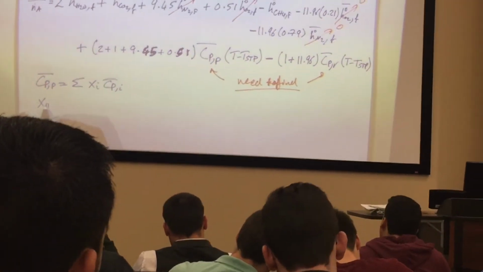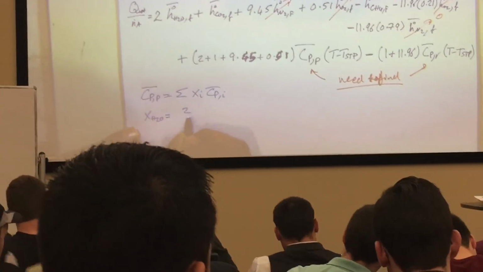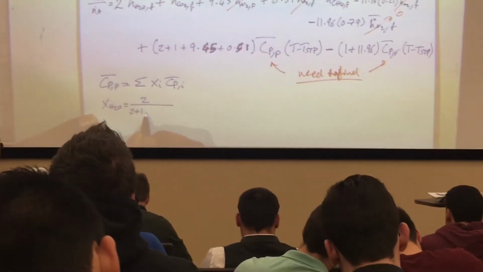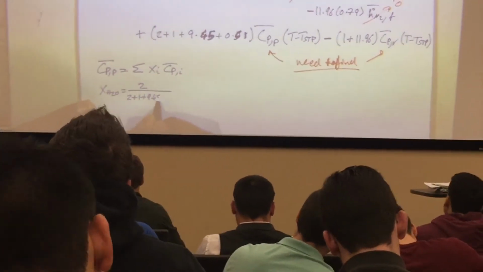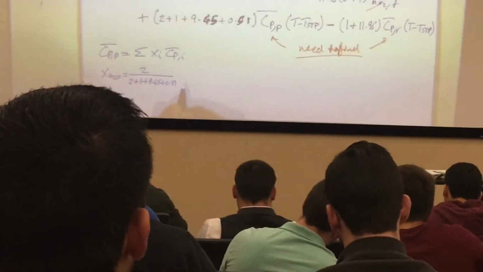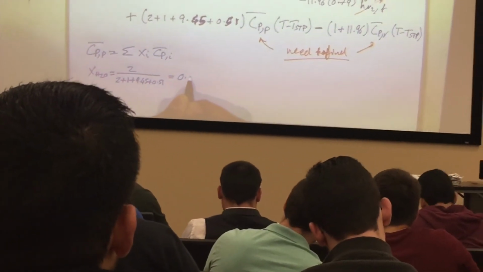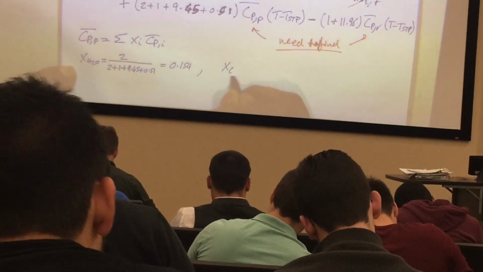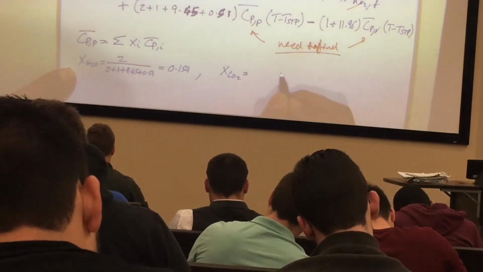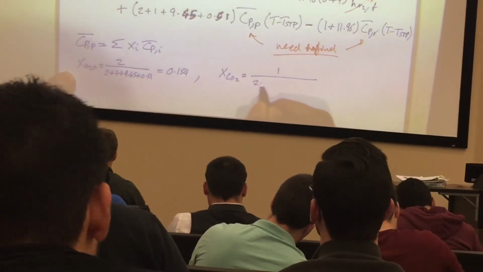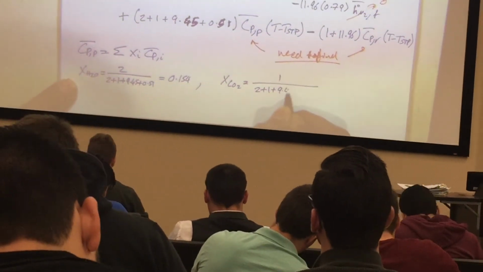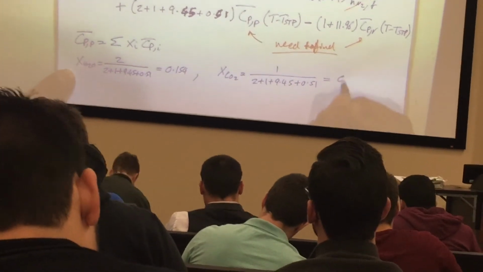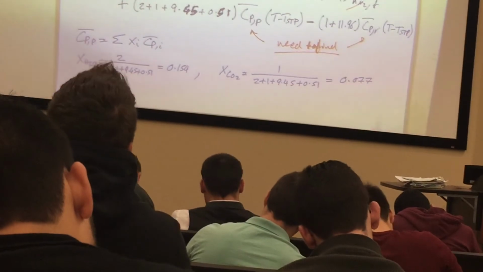My mole fraction of H2O is equal to 2 divided by 2 plus 1 plus 9.45 plus 0.51, and that's going to equal 0.154. Mole fraction for CO2 just becomes algebra. That's all it is. 1 over 2 plus 1 plus 9.45 plus 0.51 is equal to 0.077.